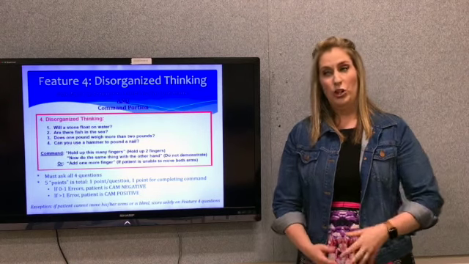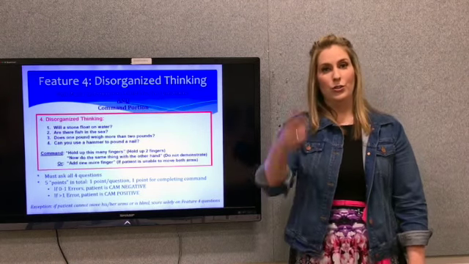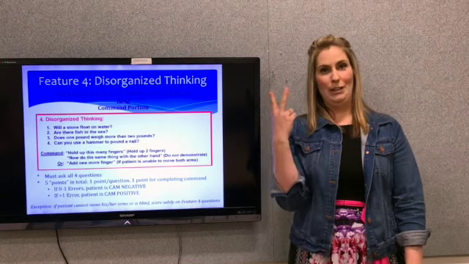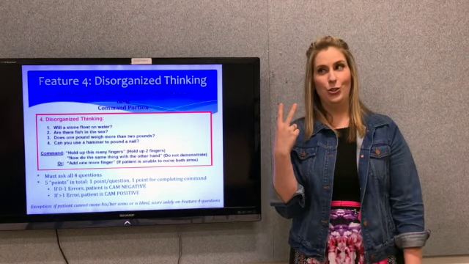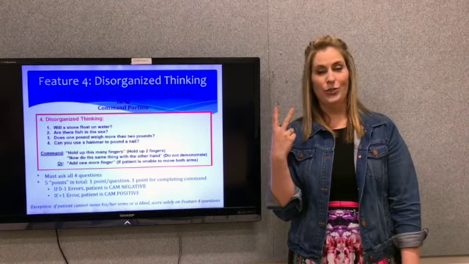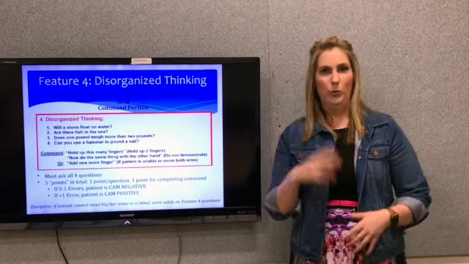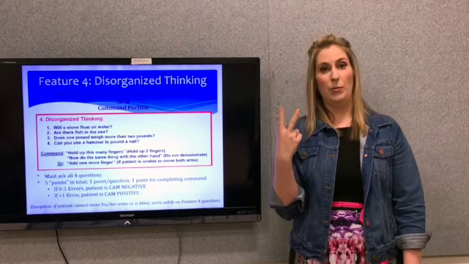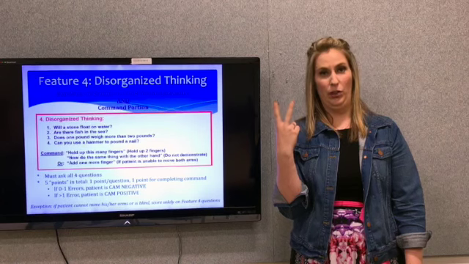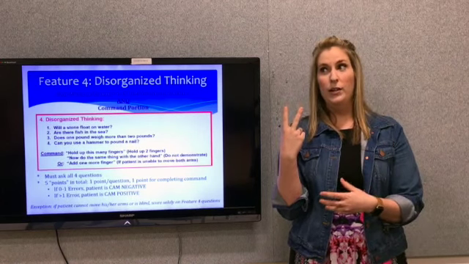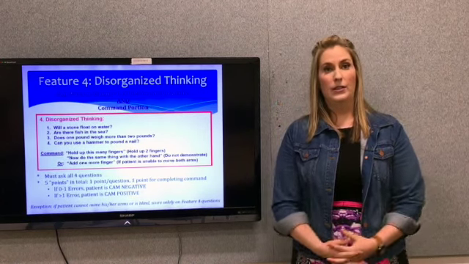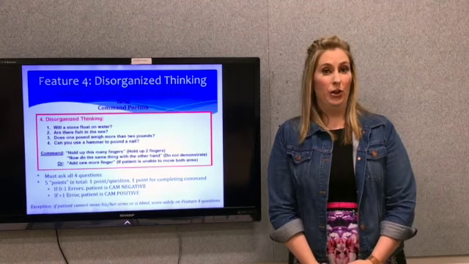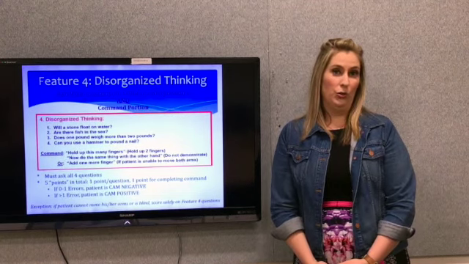For the command portion, you're going to ask the patient to hold up this many fingers. You don't want to say, hold up 2 fingers or whatnot. You just want to demonstrate, just say, hold up this many fingers. You should watch them do that, and if they do that, then say, now do the same thing with the other hand, and then they should demonstrate that.